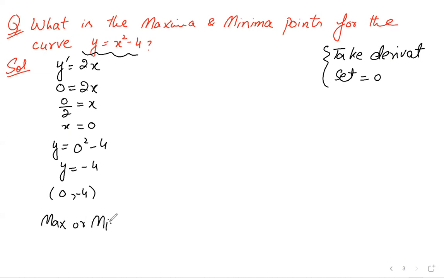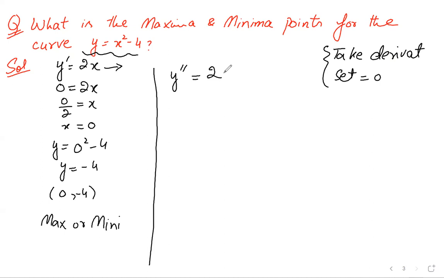Now the question is, is this point a maxima or a minima? To decide whether it's a maxima or a minima, we have to take the second derivative. I'm going to take the second derivative. Second derivative means we take the derivative of the first derivative, not the main equation. If I take the second derivative of 2x, I will only get 2.